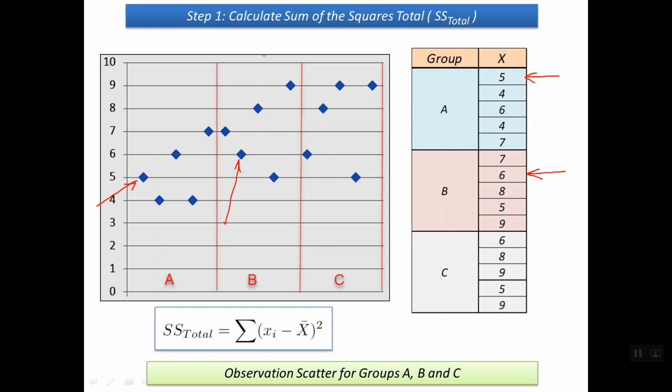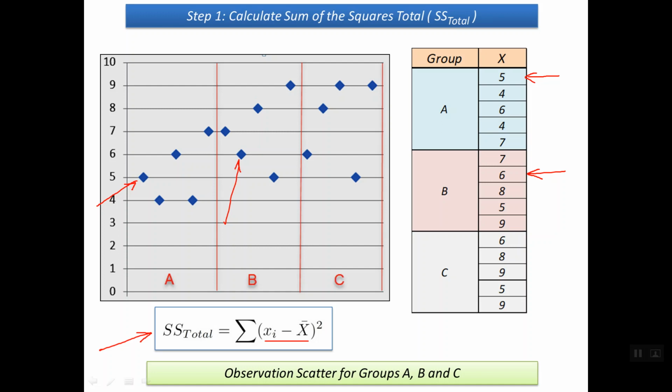Regarding the formula we are using to calculate the SS total, this is the formula. The understanding of this formula is that it represents the summation of each observation minus the grand mean, or the average for all the observations, squared.